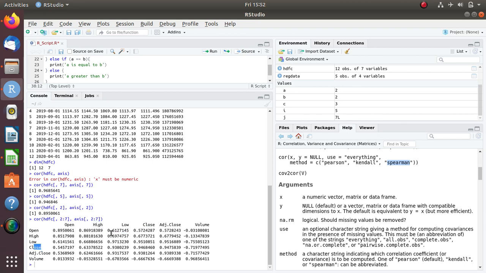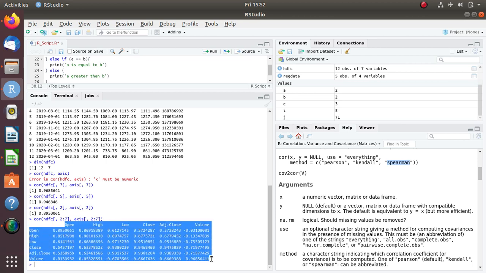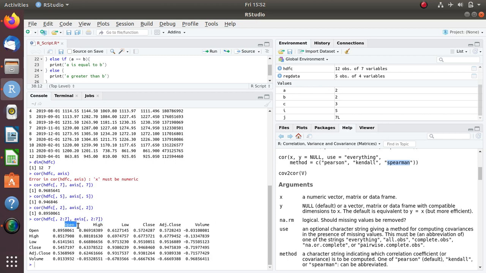By the way, I'm not explaining this, but this is how stock market prices are saved or made available to researchers. These prices are saved in 7 different ways: open, high, low, close, adjusted close, something like this.